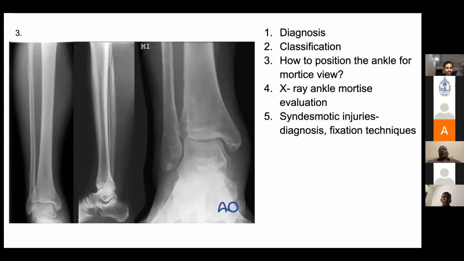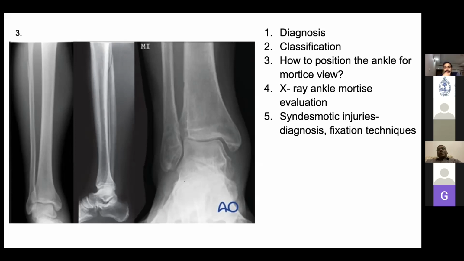Another case that we just discussed. So what is the diagnosis? Then what is the classification? This slide is actually taken from AO. So, can someone read this X-ray? Yes, Dr. Andrew Jose, or Ganesh?